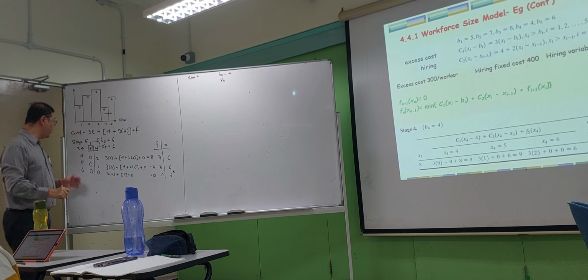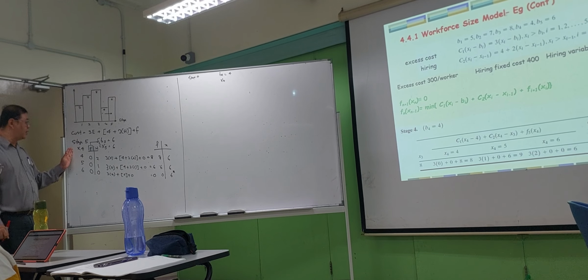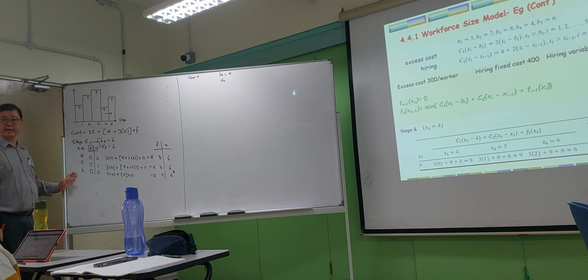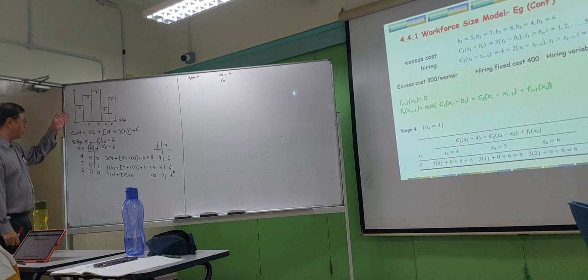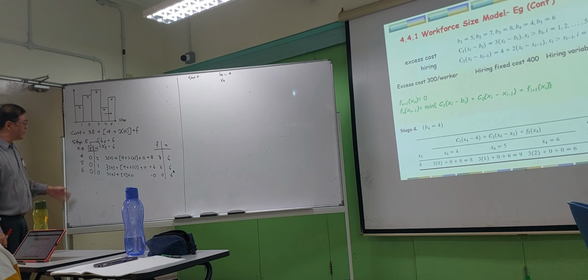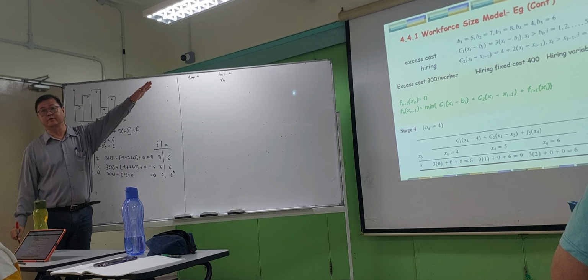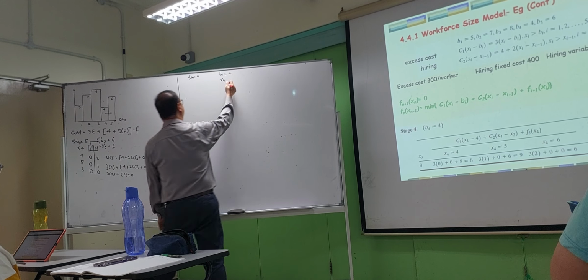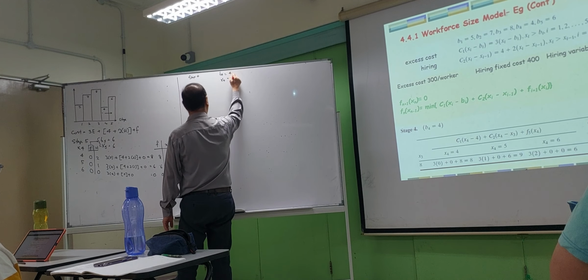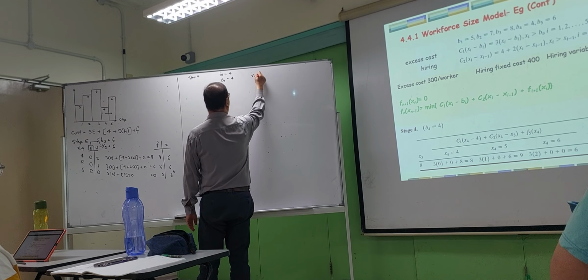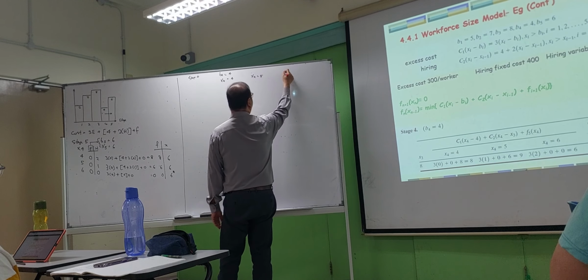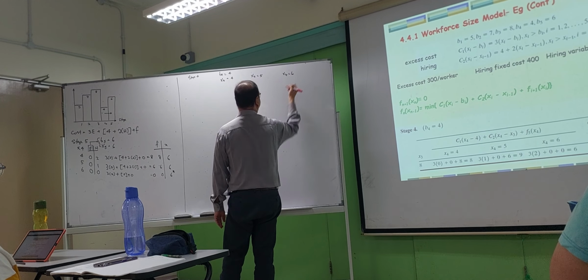Now, what is x4? Just down here, you say x4 can be 4, 5, or 6. So the vertical one from the previous step will be the horizontal value. So x4 equal to 4, x4 equal to 5, x4 equal to 6.